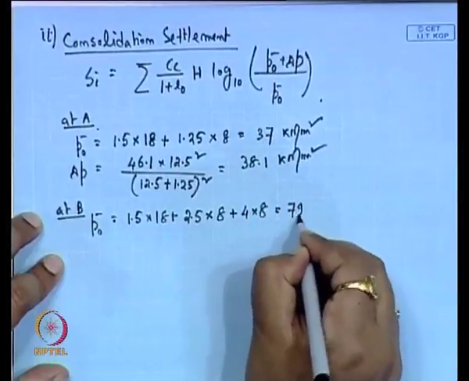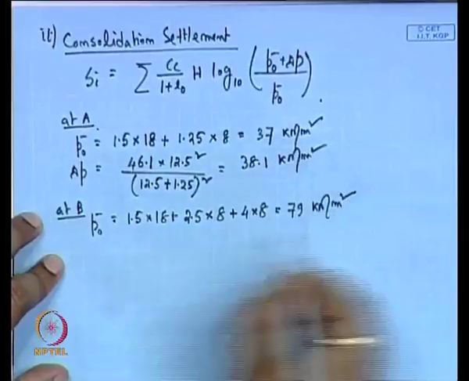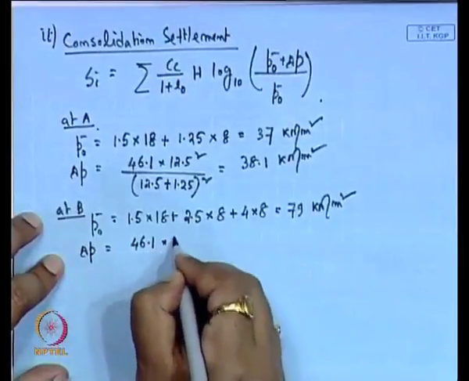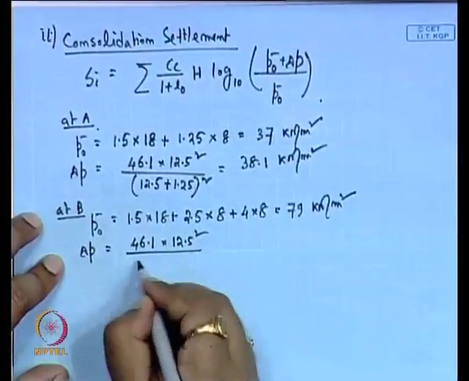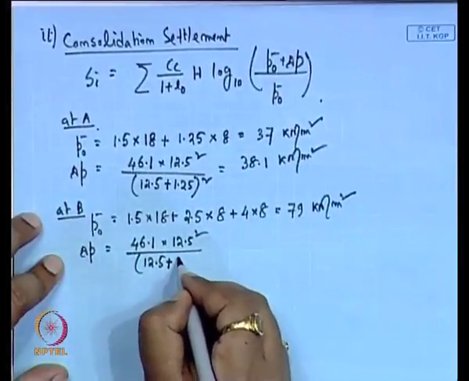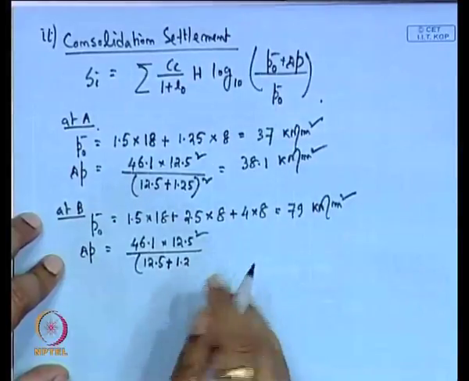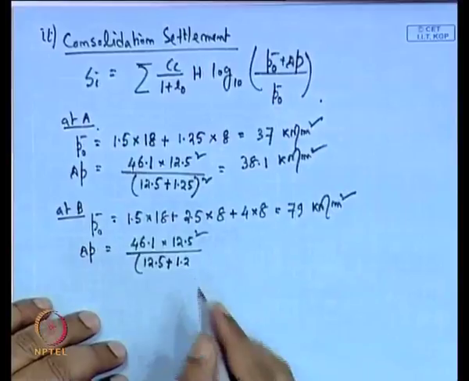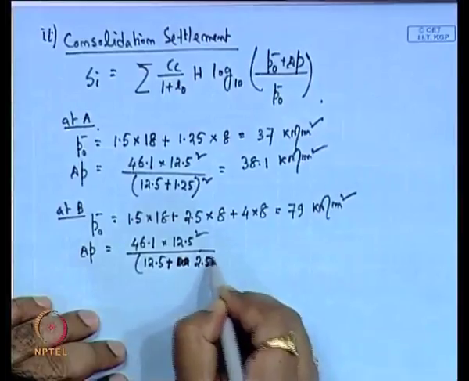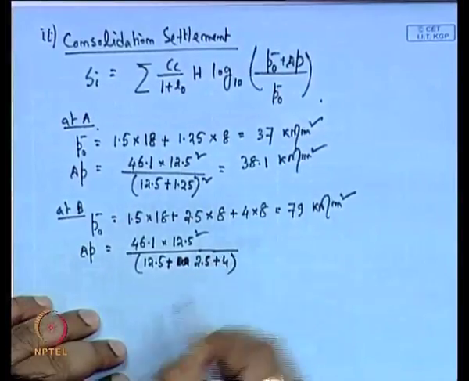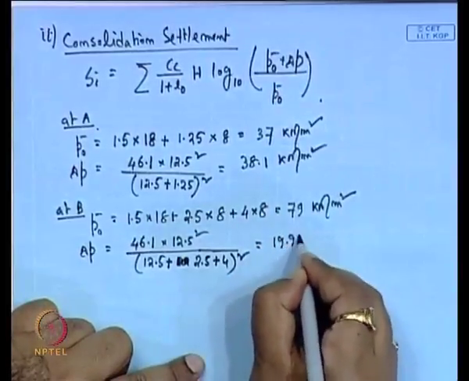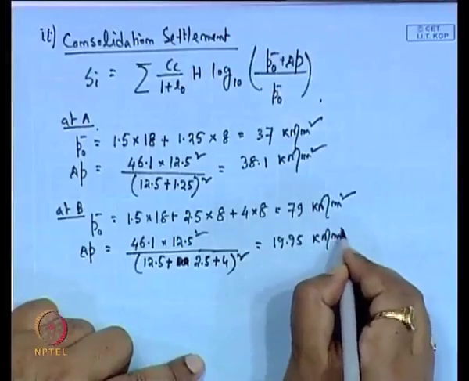So this is 79 kilonewton per meter square. Similarly, del P will be 46.1 into 12.5 whole square divided by (12.5 plus 4 meter plus 2.5 meter) square, where 2.5 is the thickness of the first layer plus 4 meter. So this value is 19.95 kilonewton per meter square.